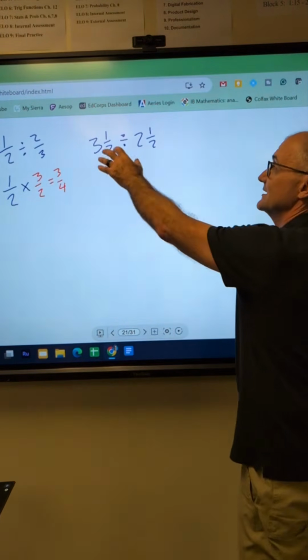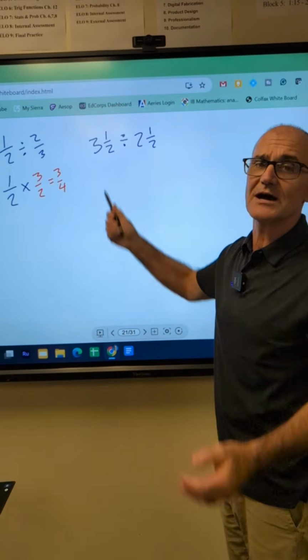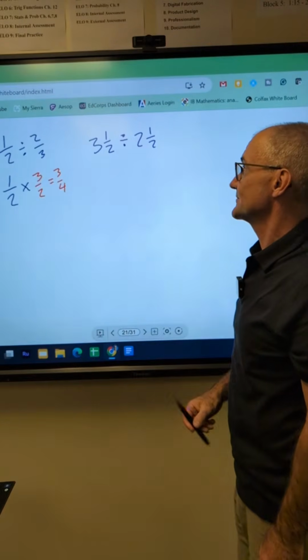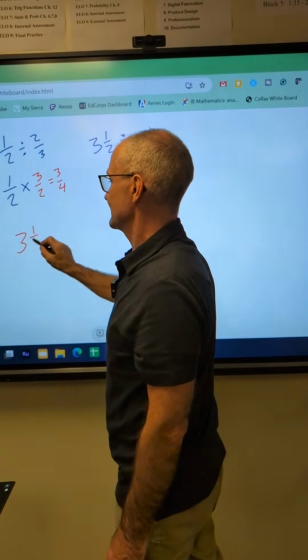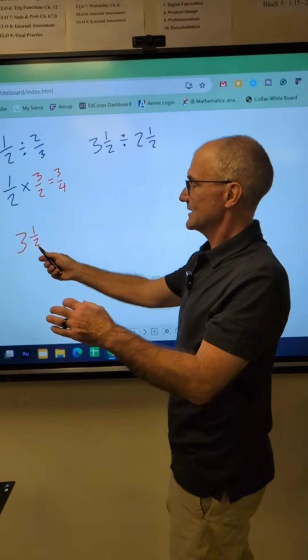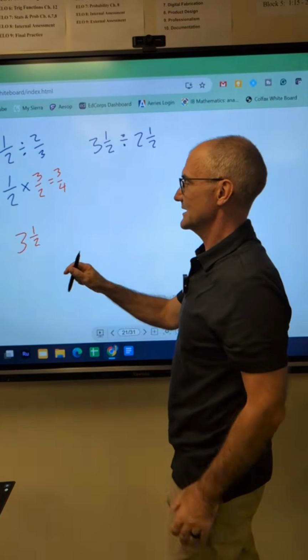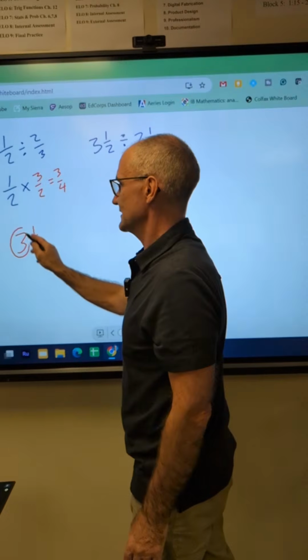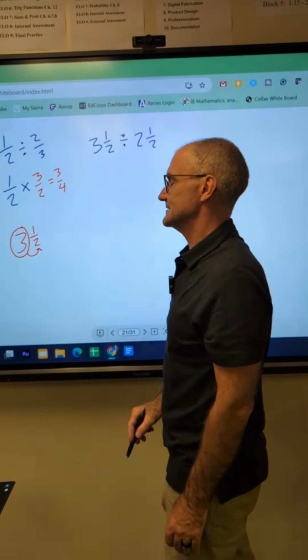I'm going to do that here with these mixed numbers. The first thing I'm going to do is turn them into improper fractions. The way I convert 3 1/2 to an improper fraction is, my parts have a 2 in them, right? So I take that 3 and multiply it by that 2, and then I add the top.